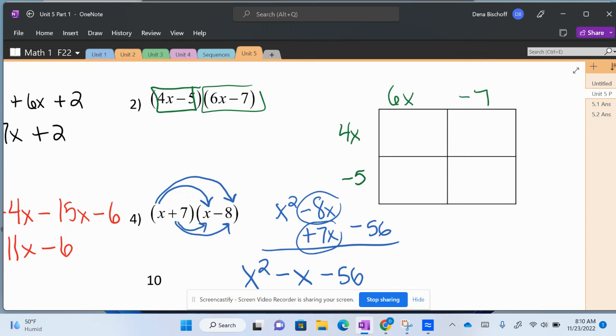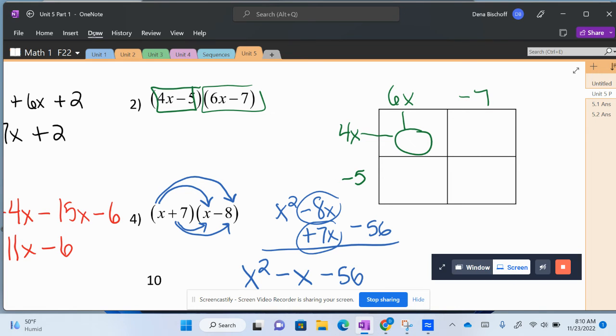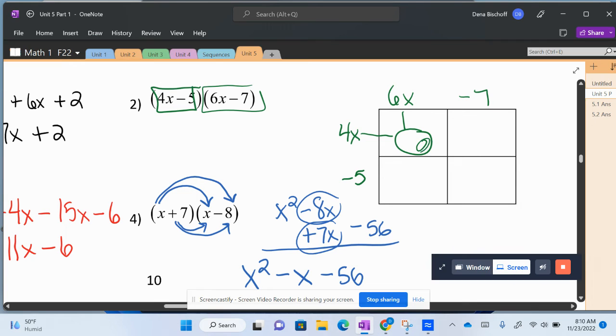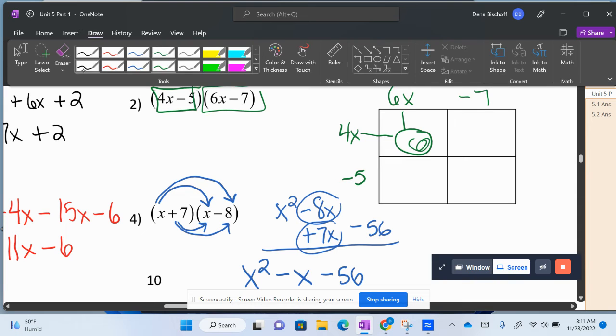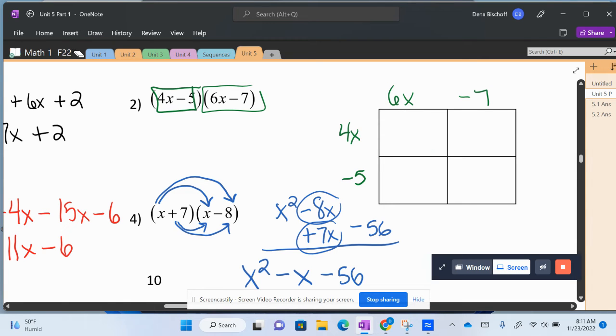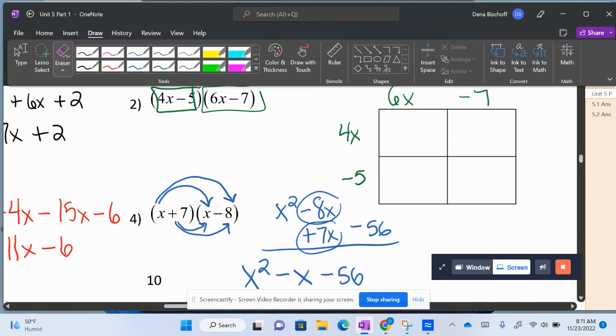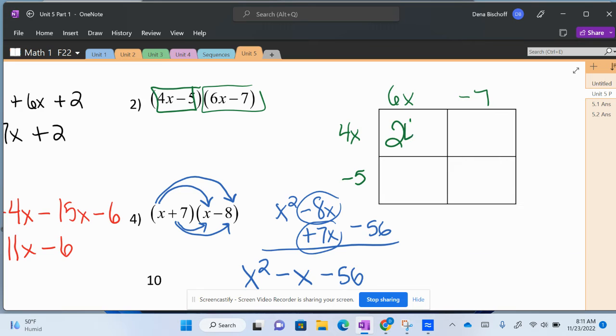So this is kind of like a times table, right? We take this number and multiply it by this number, and we get what? So 4x times 6x is 24x squared.